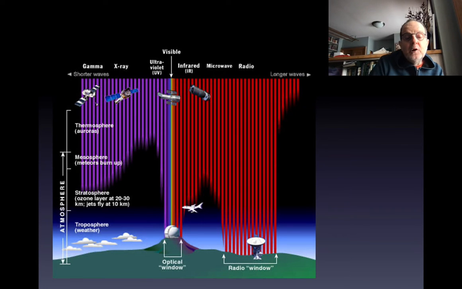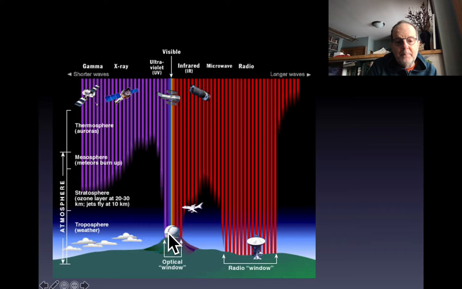This would be another way to look at what arrives from the sun. And if we look at this, we see that if there are any gamma or X-rays that do leave the sun, most of them are trapped within the sun. They might make it into the mesosphere, but then are absorbed. Ultraviolet is mostly absorbed in the stratosphere by ozone, but some does reach the earth. That's what this section is here.